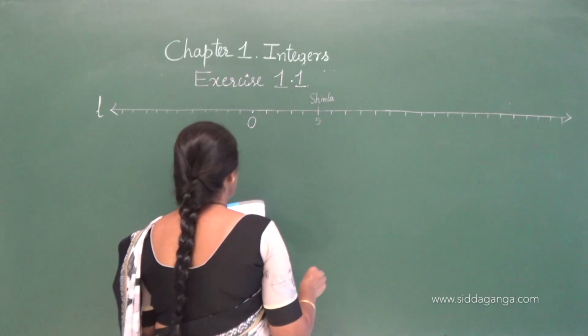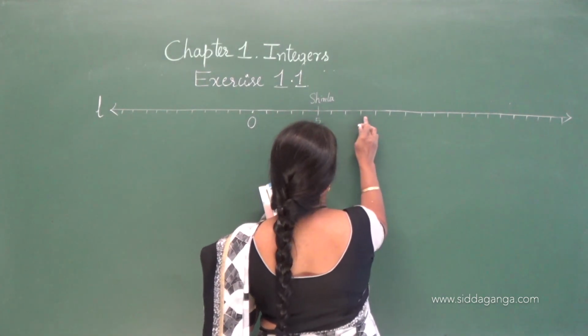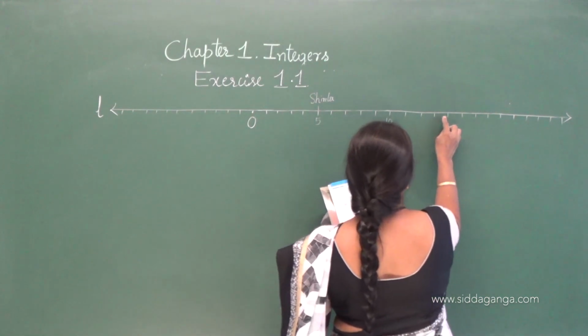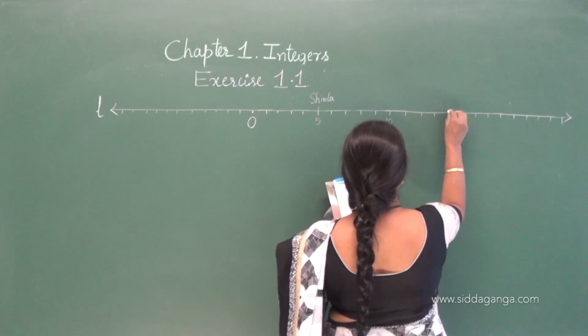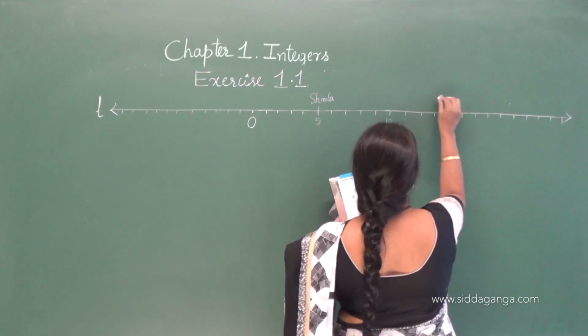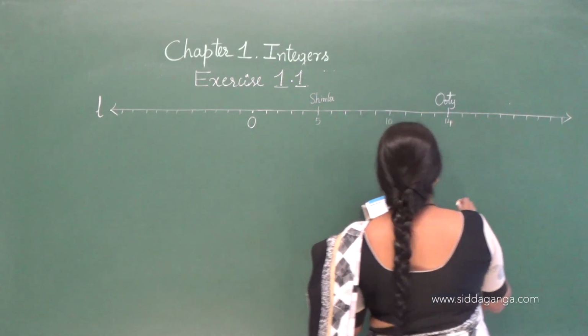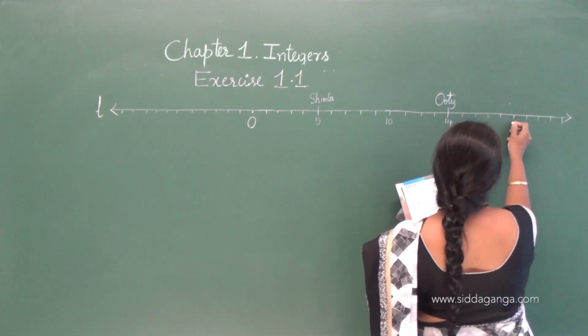Okay. Then at 5, 6, 7, 8, 9, 10, 11, 12, 13, 14. At 14 degree they have given Ooty. 15, 16, 17, 18, 19.